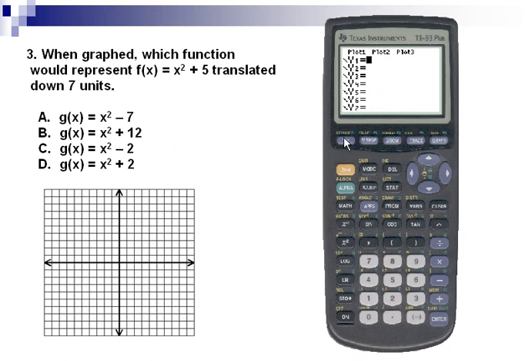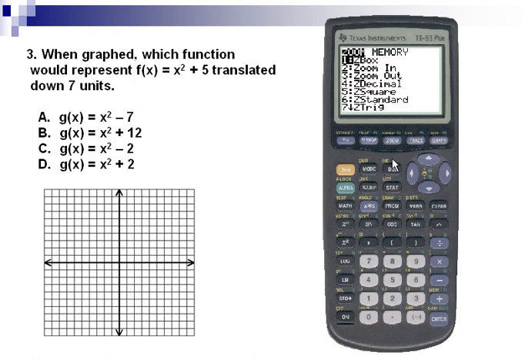So let's go to y equals on our calculator and type in x squared plus 5 into y1. And into y2, let's type in the same equation, x squared plus 5. But to translate it down 7 units, let's subtract 7.